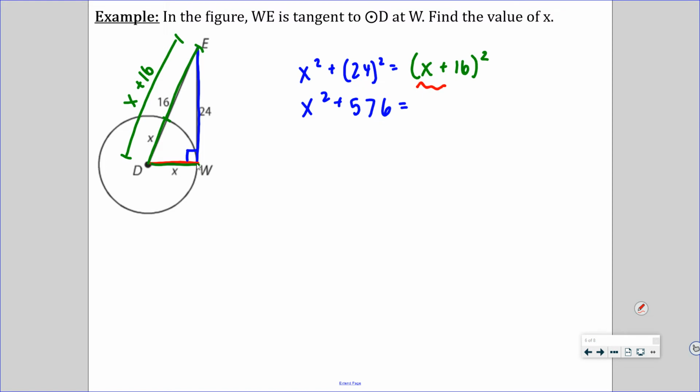I'm going to give you 1 minute to tell me what this is. If you tell me that's x squared plus 256, I'm going to call you out.